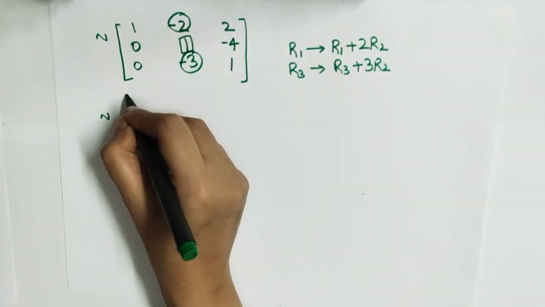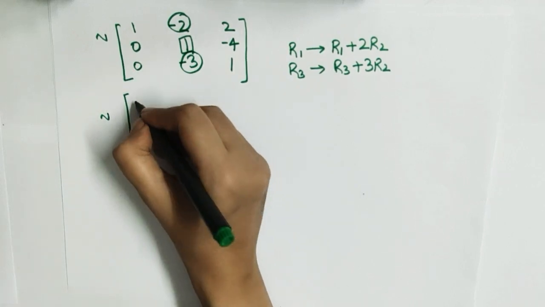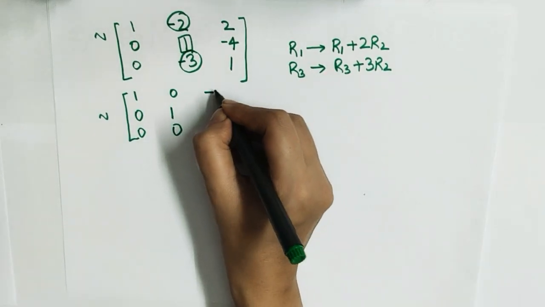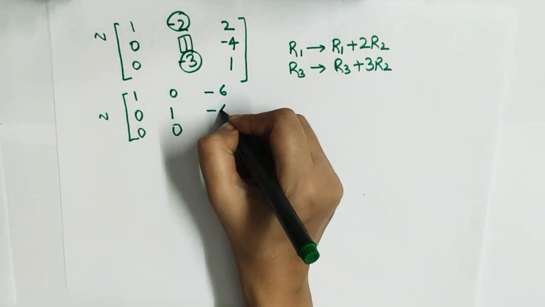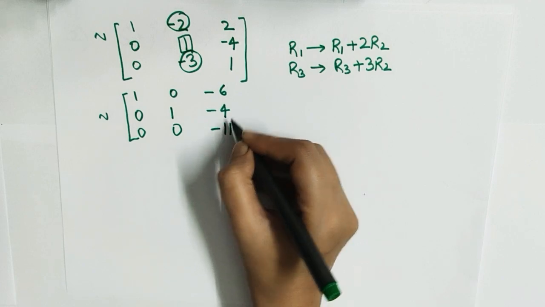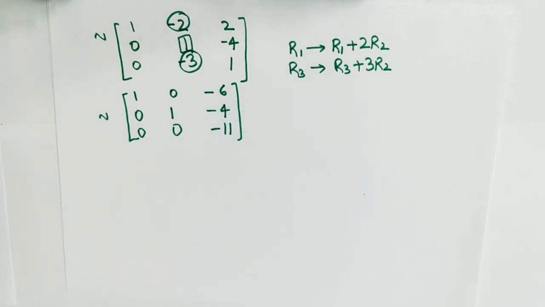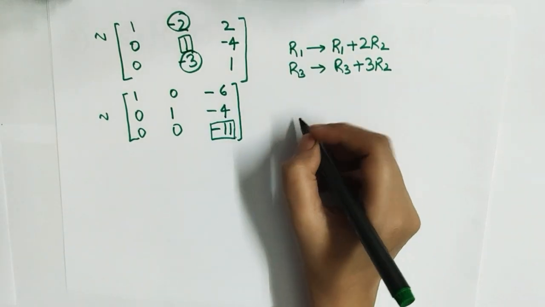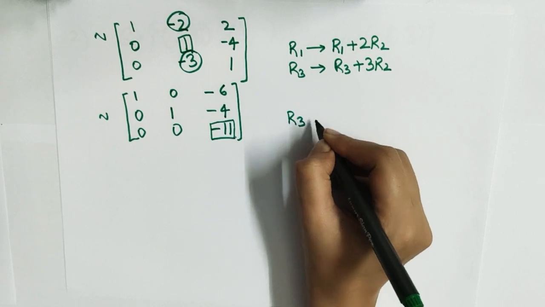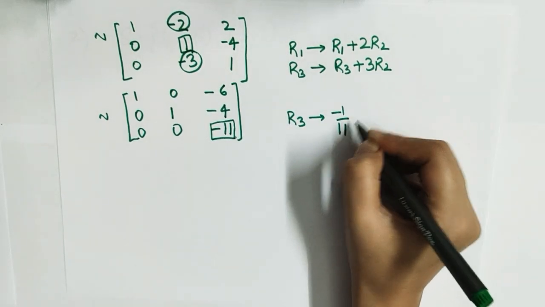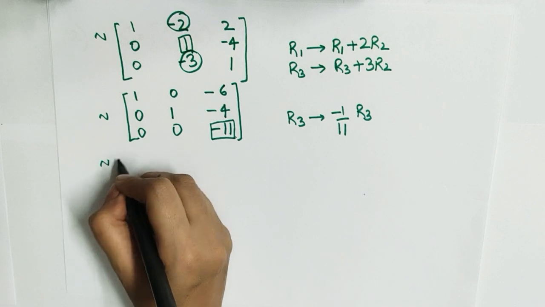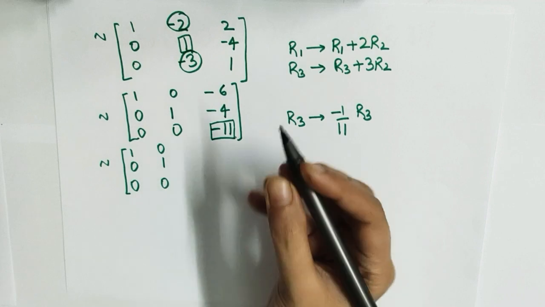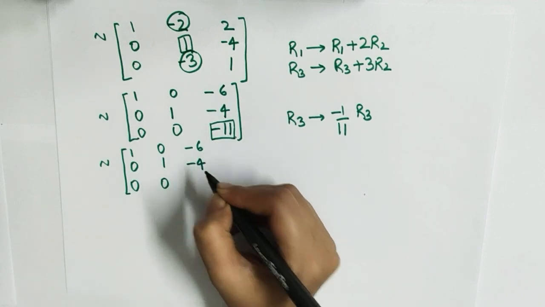After this, the matrix becomes equivalent to [1, 0, -6; 0, 1, -4; 0, 0, -11]. Next, we move on to the next pivot. We make this 1, so we apply the operation R3 goes to minus 1 by 11 of R3. Now the matrix becomes equivalent to [1, 0, -6; 0, 1, -4; 0, 0, 1].